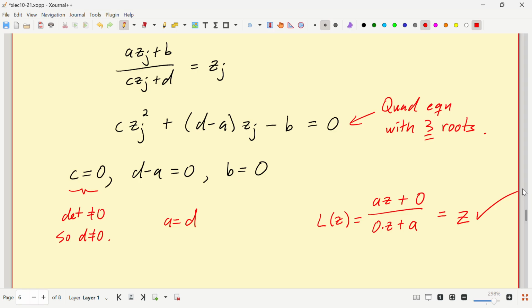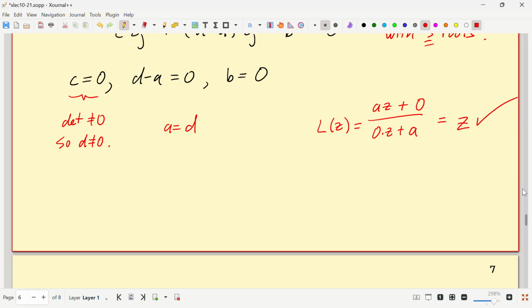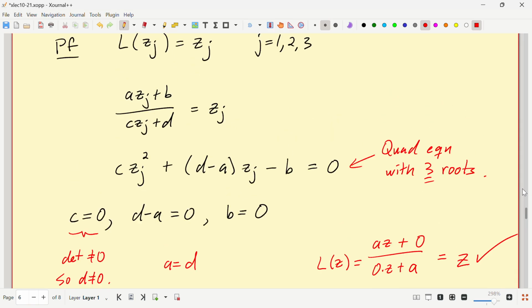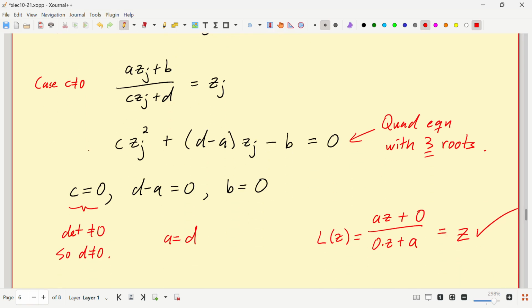And the case of AZ plus B is even simpler. So I guess if I was going to do cases, this is the case C unequal to 0. And the case C equals 0 is even easier.